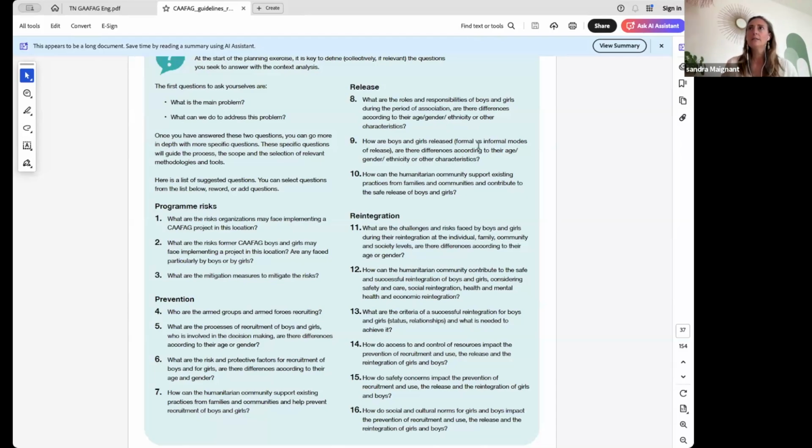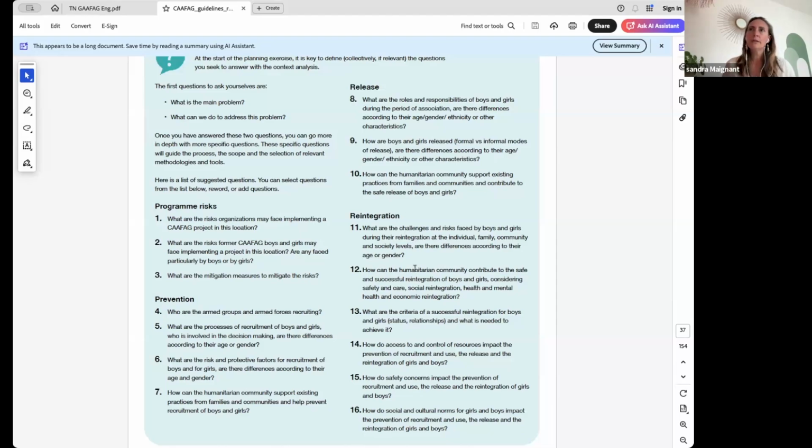Question 9 is on the way children actually exit the armed group. Do they run away? Are there any formal demobilization processes? Are there negotiations that sometimes parents organize with the armed group, with maybe local authorities as intermediaries? Are there already mechanisms that the communities have put in place to negotiate the release of their children?